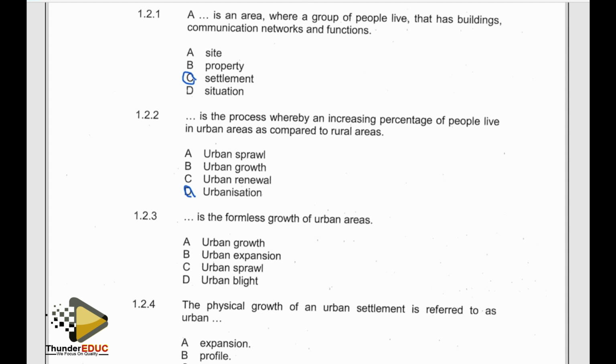These other concepts here, urban growth and urban sprawl, are also geographical concepts that we might need to explain. When we're talking of urban sprawl, we are looking at uncontrolled growth of cities and towns, or some form of formless growth of cities and towns.